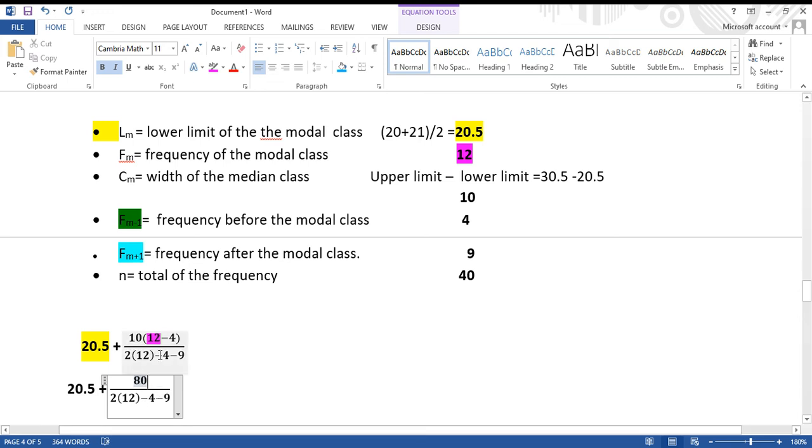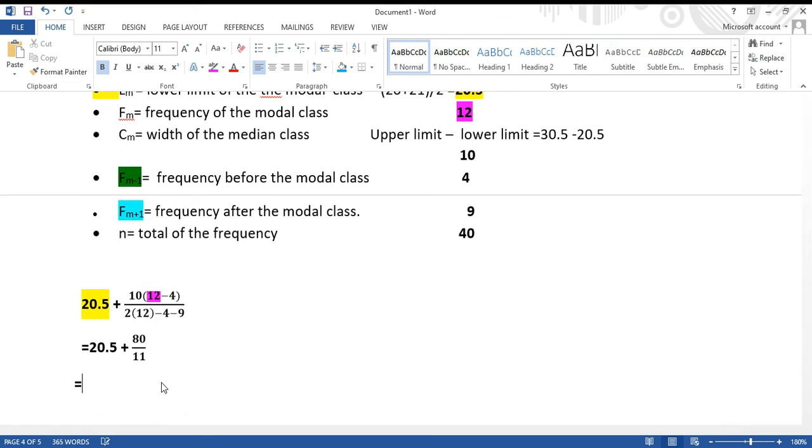Our denominator, 2 times 12 is 24. 24 minus 4 is 20. 20 minus 9 is 11. And then we're going to say 80 divided by 11.